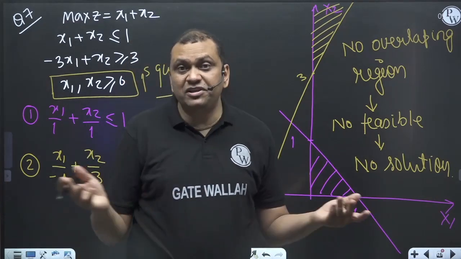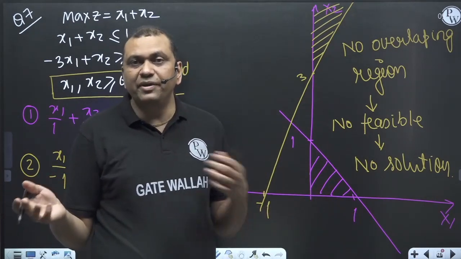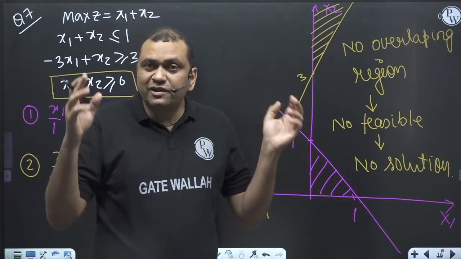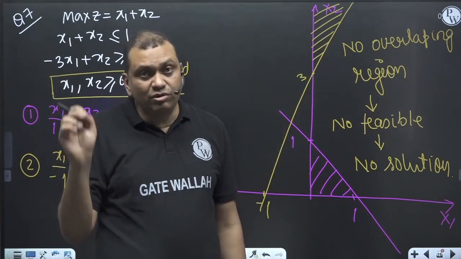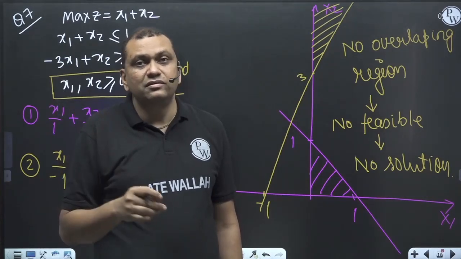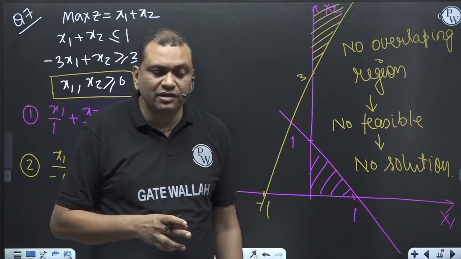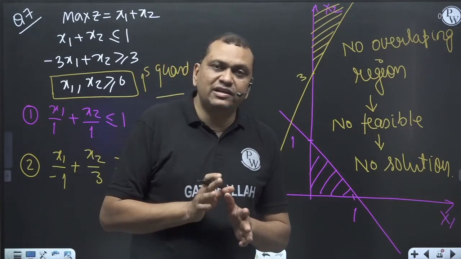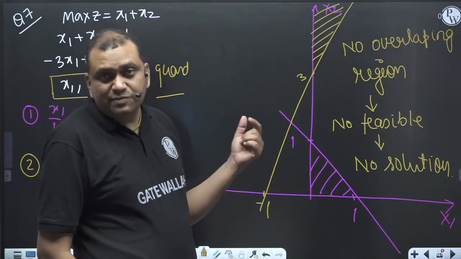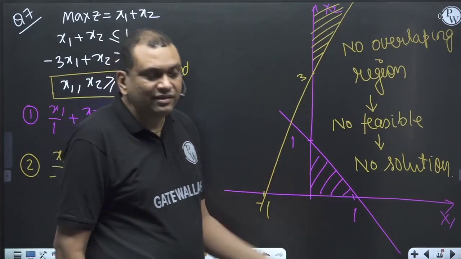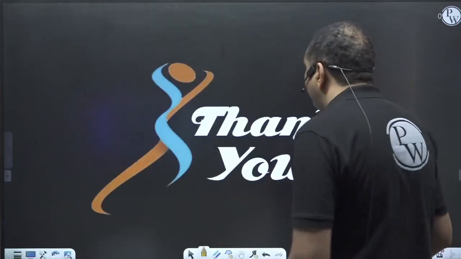This problem will have no solution because there is no feasible overlapping region. Correct? In the simplex also I will tell you what is the corresponding matrix with respect to no feasibility. So that was your graphical method.